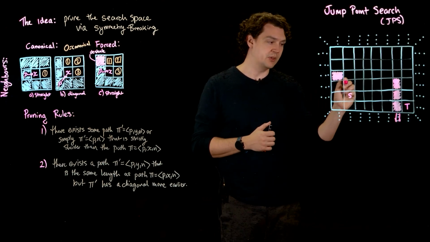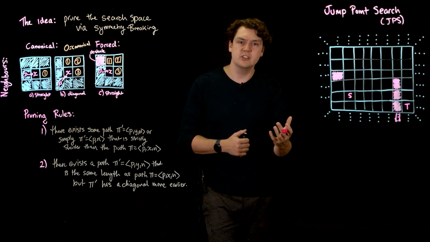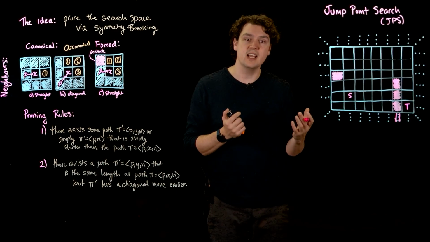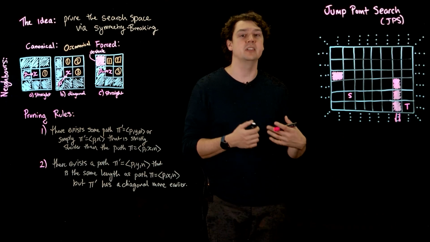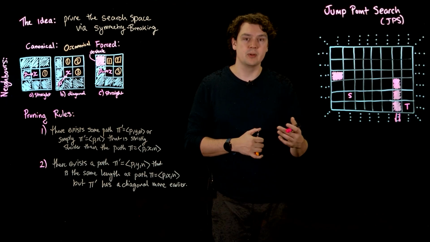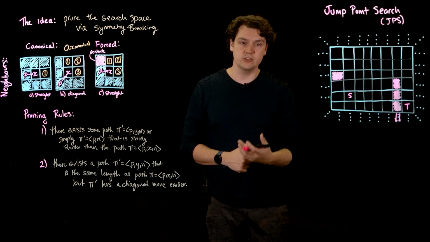Instead of A star, where you stop and expand every node that you find along the way, what we're doing is these look-aheads, these scans to identify if we ever actually want to stop and generate new nodes. So we're doing additional reasoning over the map, and we're pruning parts of the map when we don't discover anything interesting.